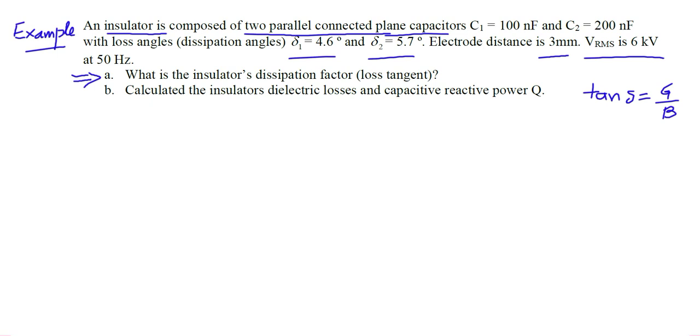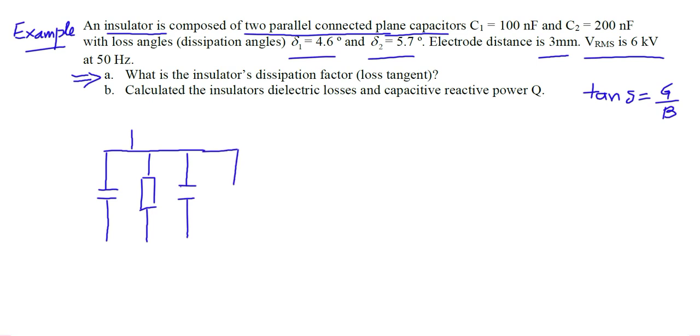Okay. So first I'm going to draw the equivalent circuit of the overall system. Now we have capacitance of insulator 1 and conductance of insulator 1. Then we have capacitance of another parallel insulator.